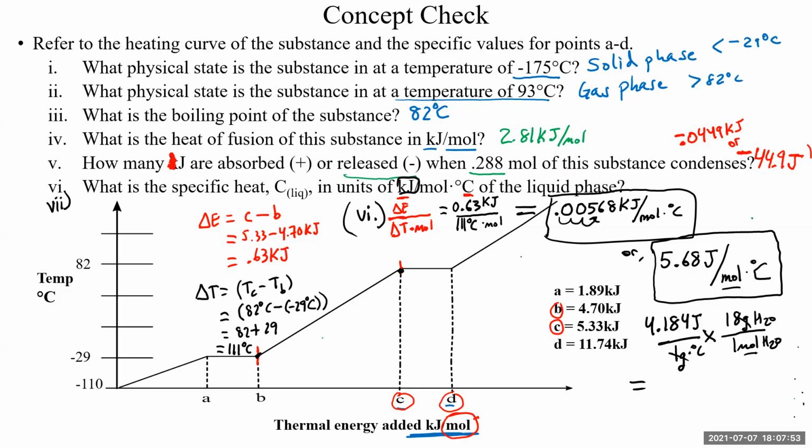So 4.184 times 18 gets us 75, oh boy, 75.3 joules per mole degree Celsius for water. That's the specific heat of liquid water in joules per mole Celsius.